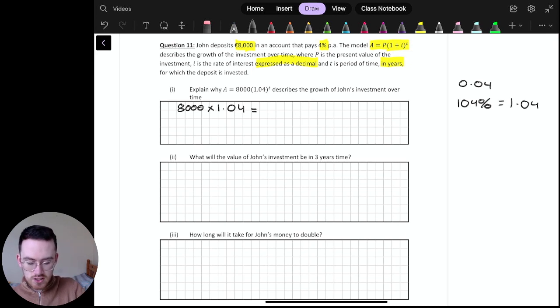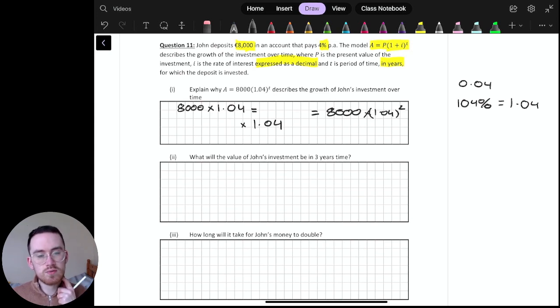For the next year, we're going to take that answer and multiply it by 1.04. So essentially what we have now is 8,000 by 1.04 squared. Then for the third year we do the same, for the fourth year we do the same, for the fifth year, and so on and so forth.